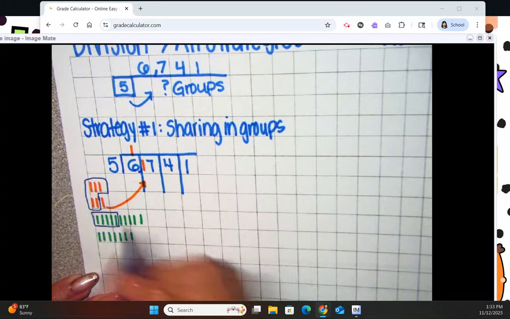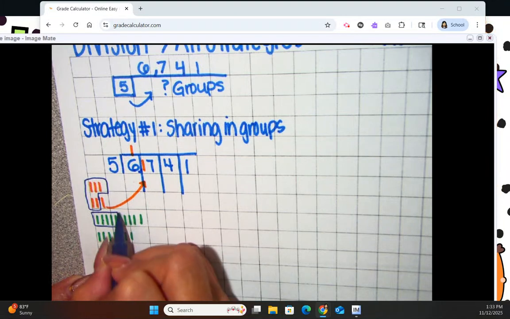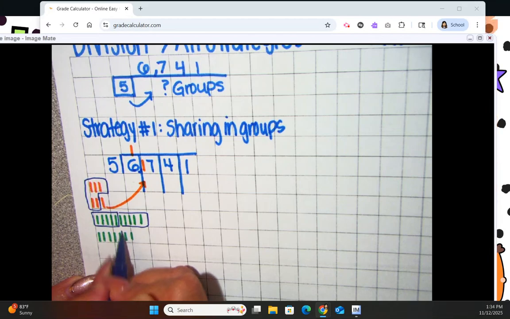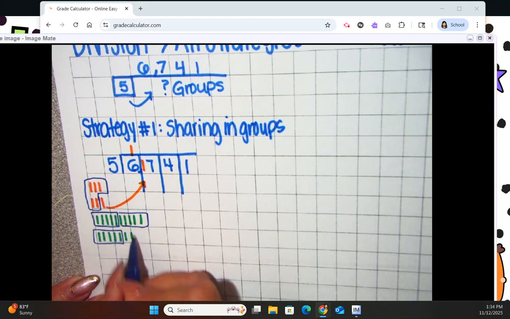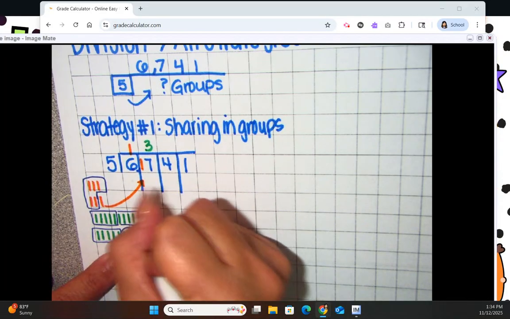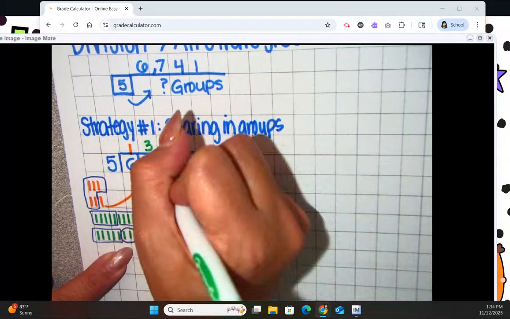That's 1 group. 2 groups. 3 groups. And I have 2 left over. So, how many groups was I able to build? 3 groups. I had 2 sticks left over.